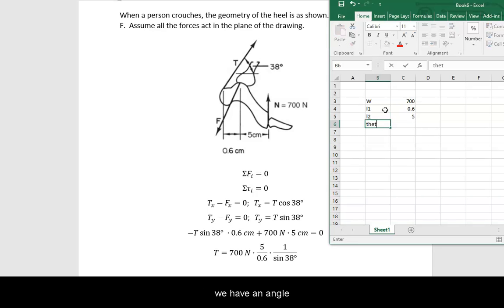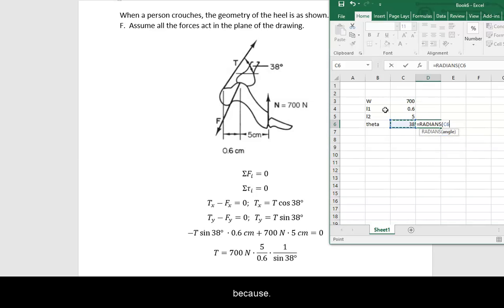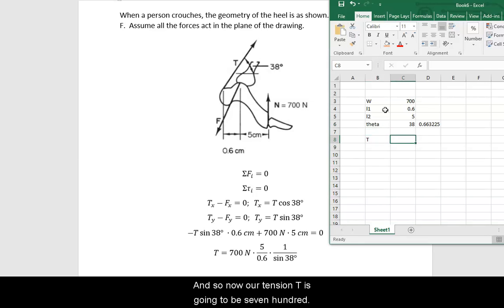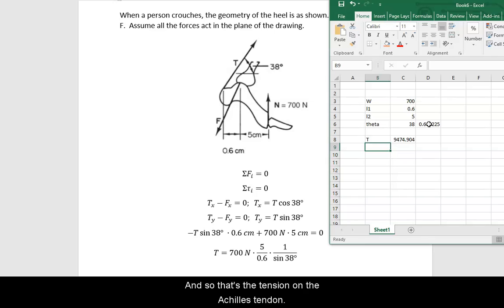We have an angle, which is 38 degrees, and I'm going to convert that to radians because Excel uses radians. So our tension T is going to be 700 times 5 divided by 0.6 divided by the sine of the angle. And so that's the tension on the Achilles tendon.